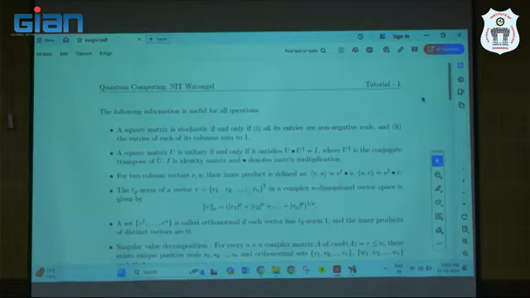Superposition states can be infinite, or can be many, exactly, because you can take so many different linear combinations. So all these states will be described as a linear combination of basis states.